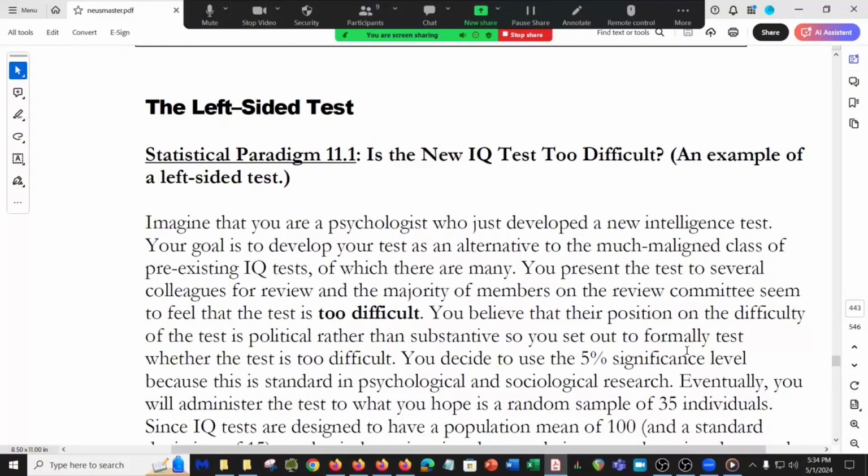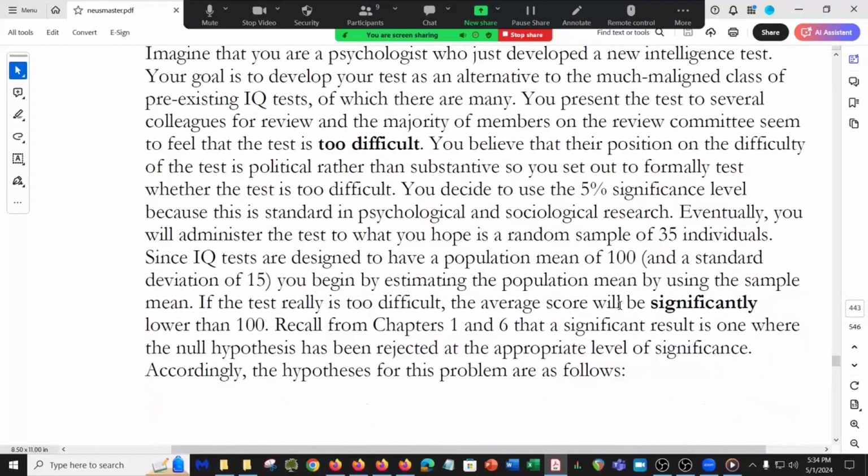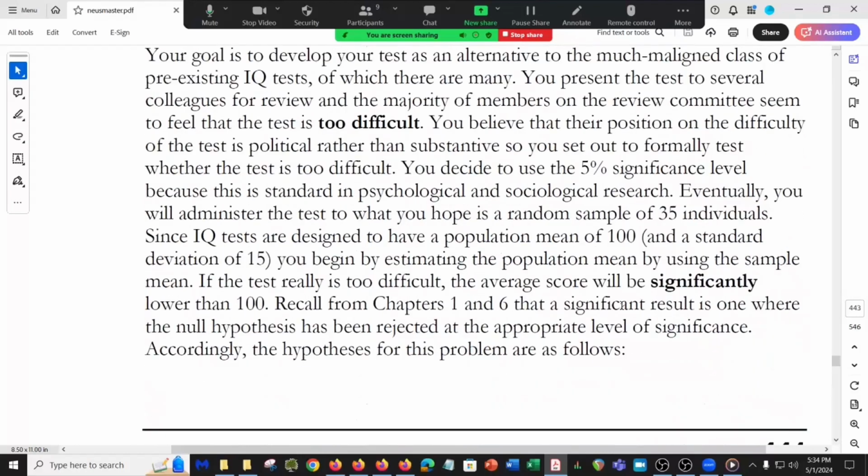You decide to use the 5% significance level because this is standard in psychology and sociologic research. Eventually, you will administer the test to what you hope is a random sample of 35 individuals. Now, since IQ tests are designed to have a population mean of 100 and a standard deviation of 15, you begin by estimating the population mean by using the sample mean.